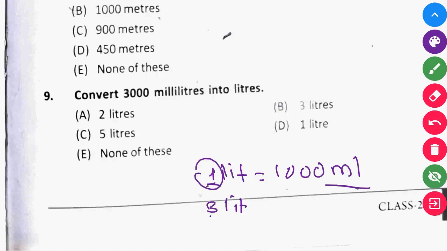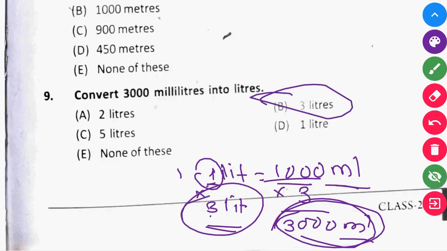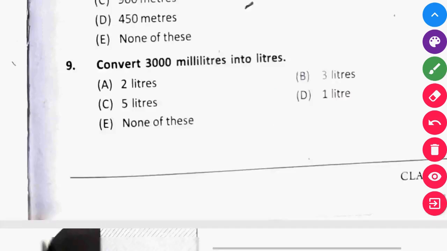Here we multiply 1 by 3, so here also you multiply by 3. So you get 3000 milliliters. So 3000 milliliters is equal to how many liters? 3 liters. Here we divide 3000 by 1000. So 3 liters is equal to 3000 milliliters.